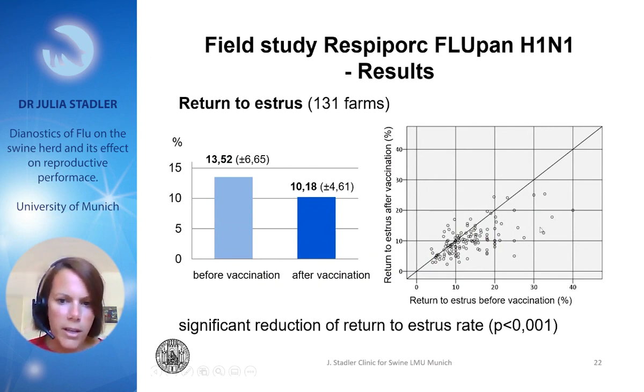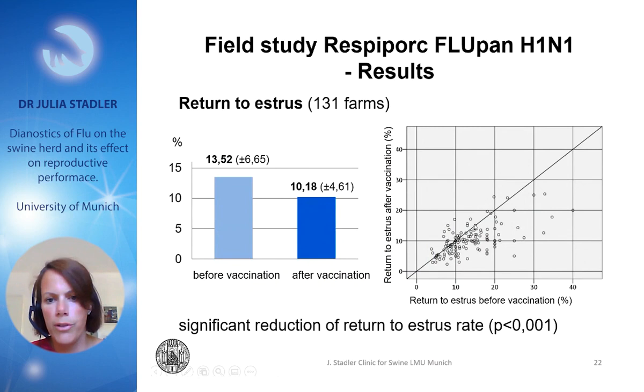On the right side, you can see the data displayed in a scatter plot. Each dot represents a single farm. On the x-axis, you can see the return to estrus rate before vaccination, and on the y-axis, the return to estrus rate after vaccination is shown.